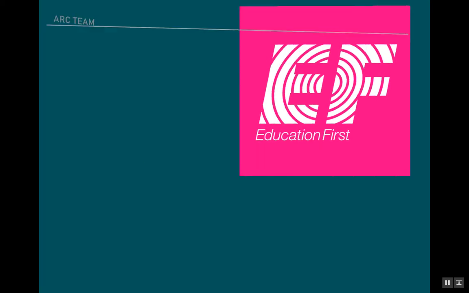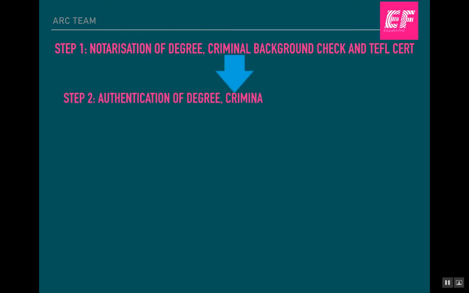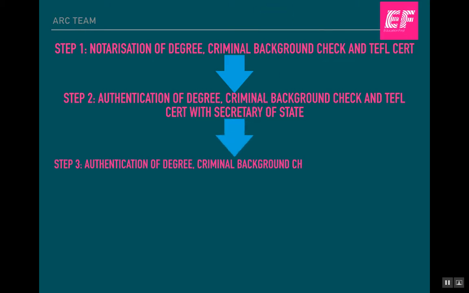Okay, so first thing we're going to do is take a basic look at the full procedure. Step one is notarization of degree, criminal background record check, and TEFL certificate. Step two is authentication of degree, criminal background check, and TEFL certificate with your Secretary of State. Step three is authentication of degree, criminal background check, and TEFL certification with the Chinese consulate.